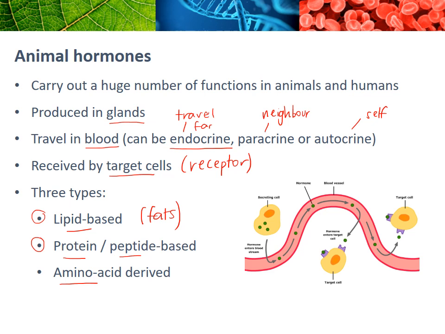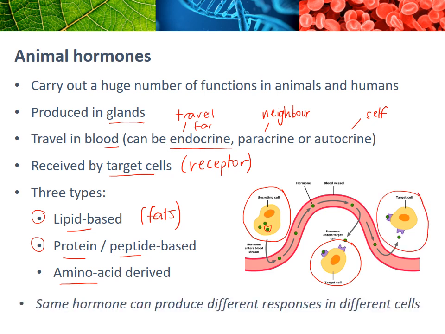If you look at this diagram, we've got here a secreting cell. So our source cell is producing these hormones, the green things. They go into the bloodstream, they travel around, and when they find target cells with the specific receptor, they will bind with them. Okay.